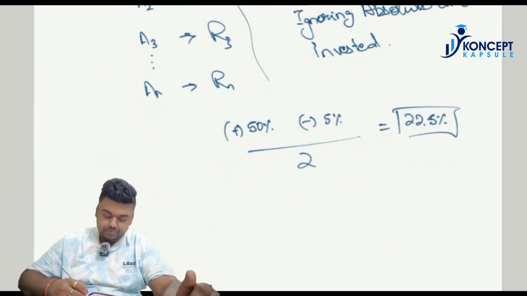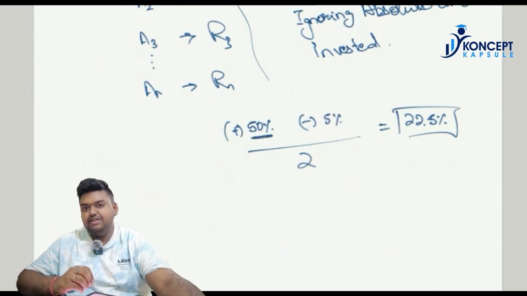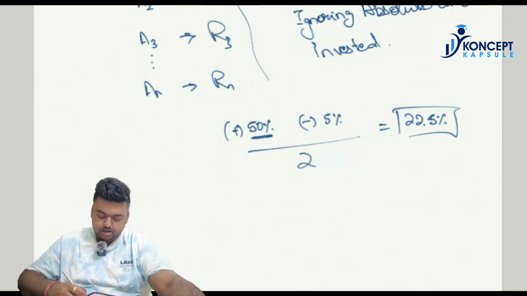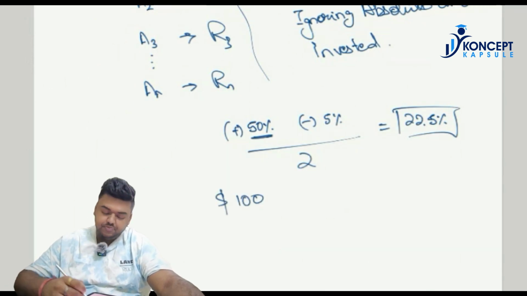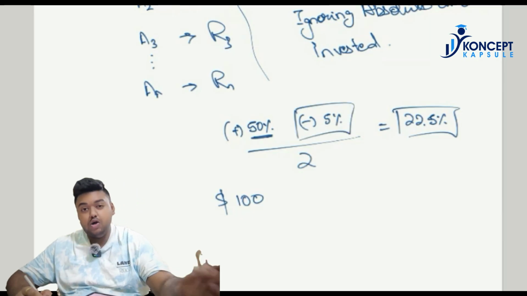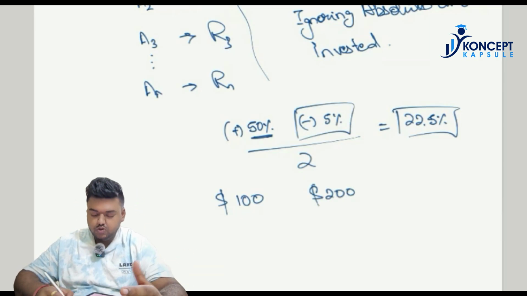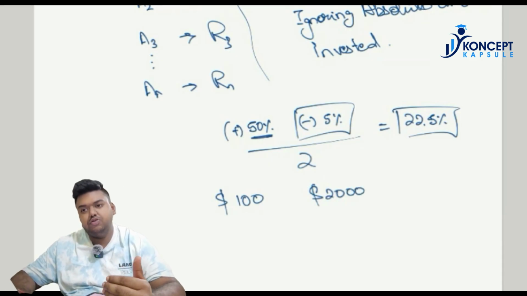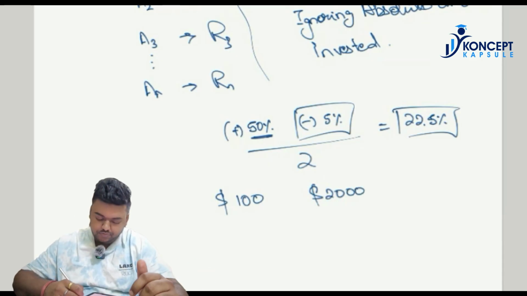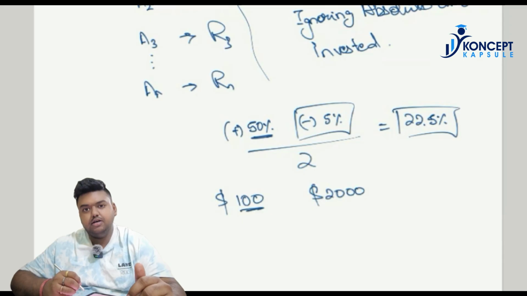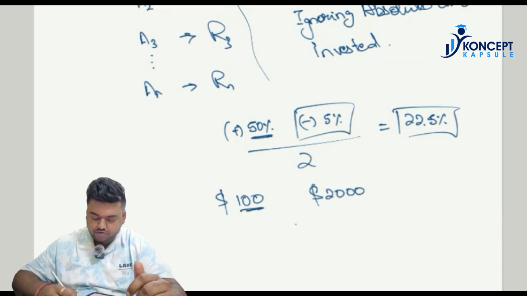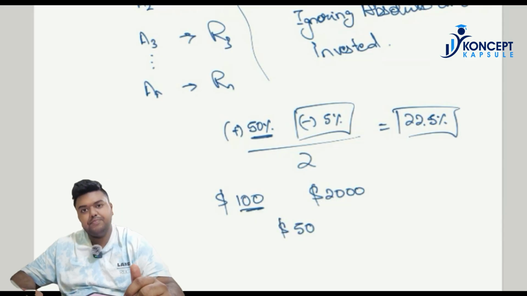Now, let me add further details to the question. Suppose I say that in the investment where you have earned 50% return, you just invested $100. Whereas in the investment where you lost 5%, you had invested $2,000. So now let us see how much of return in actual terms you get. In $100 of investment, you have earned 50%. So you have earned $50, correct?